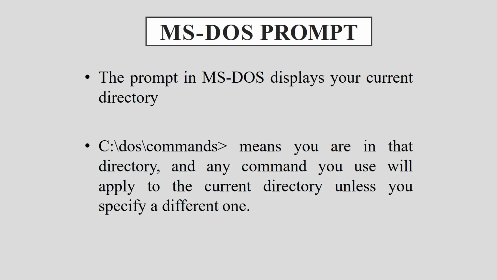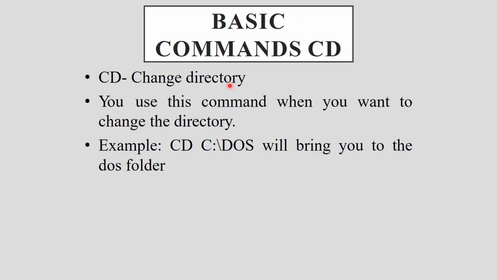Now, we have here the basic commands. The first basic command is the cd. This will help you to change directory. But in cd, there are two types: cd alone and cd dot dot.